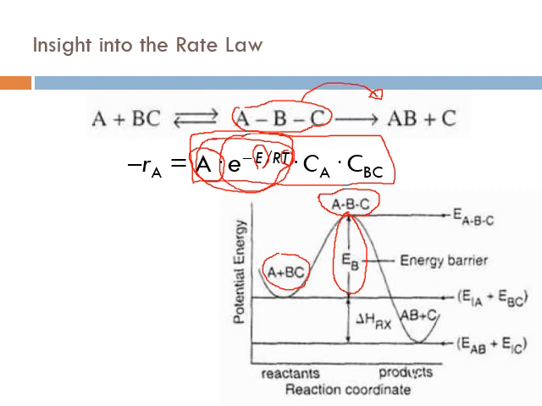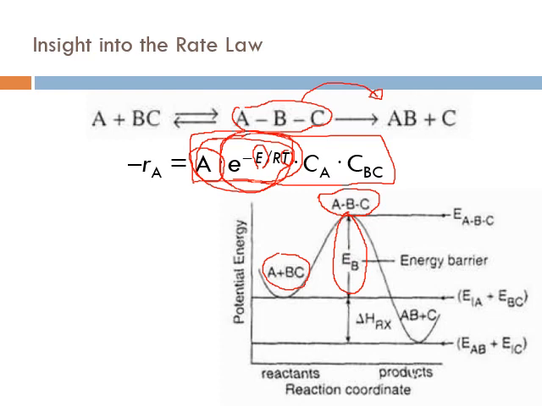The higher the temperature of the system, the more collisions you have which have energy higher than the activation energy. So the portion of these collisions will be more as the temperature of the system is more, and therefore this value will be higher. Okay, what else?